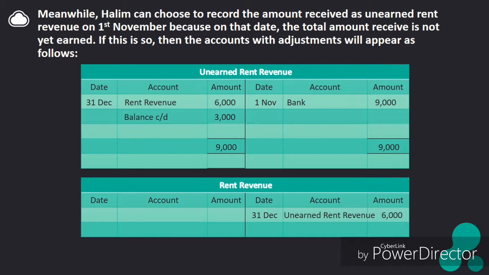Then, in rent revenue account, we will record unearned rent revenue amount 6,000 ringgit on credit side as it increased our rent revenue. Next, we balance the account and we got 3,000 ringgit as balance carried down and brought down. So, the amount in the rent revenue will be posted to the statement of comprehensive income or statement of profit and loss.